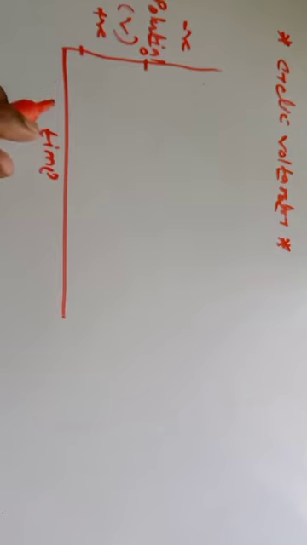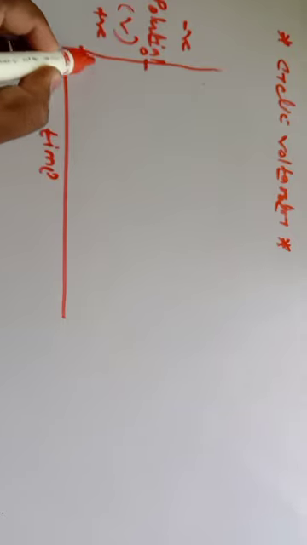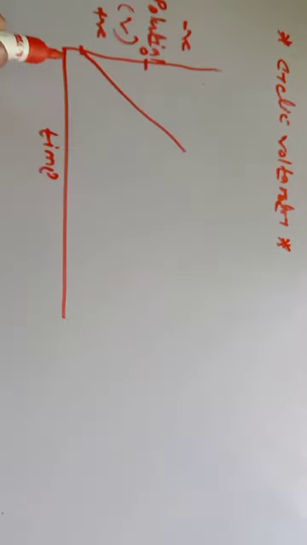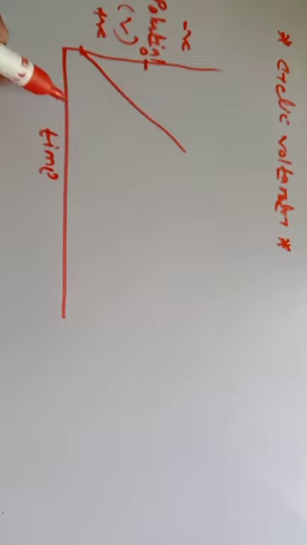So we can scan the potential with respect to time from positive potential to the negative potential. Then at this point, again we can scan the potential from more negative back to the positive, that is the initial potential.